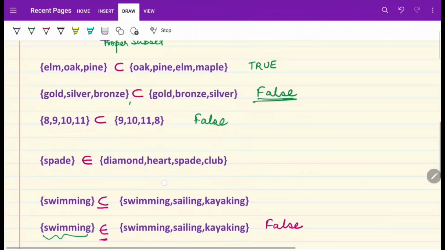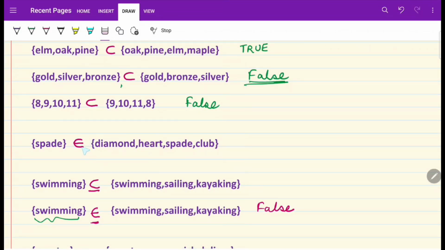Now I'll do one more here, which says spade. And then we have this symbol, which is not a symbol for either subset or proper subset. This is a symbol which denotes is a member of or belongs to a set, all right? Is an element of. However, look at the statement. The way spade is surrounded by curly brackets tells us that this is a set with an element of spade in it, all right? And this symbol says is an element of.